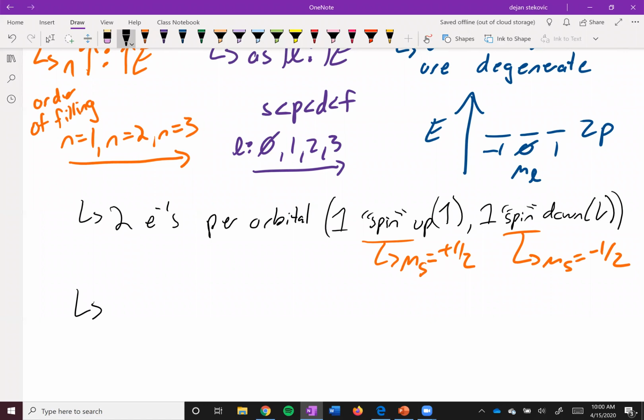Because you can only fit 2 electrons per orbital, one spin up, one spin down, what ends up happening is that no 2 electrons can have the exact same 4 quantum numbers. And we'll explore this more later on.